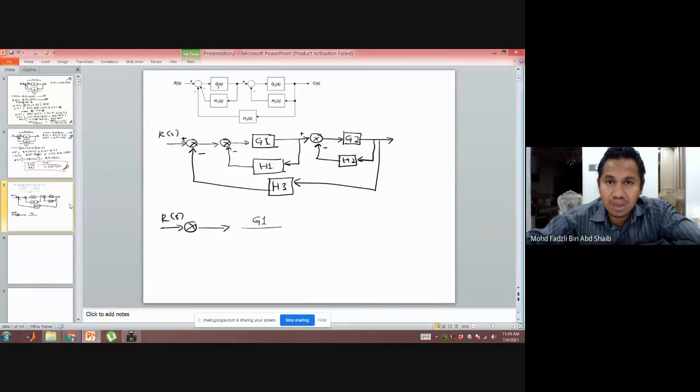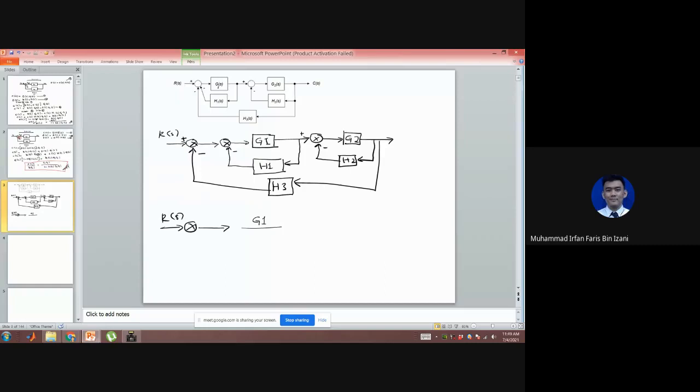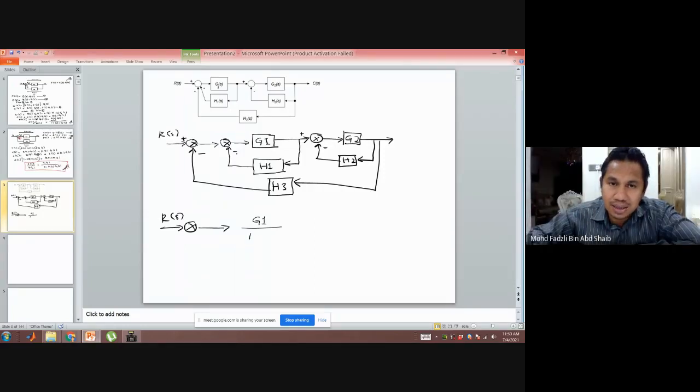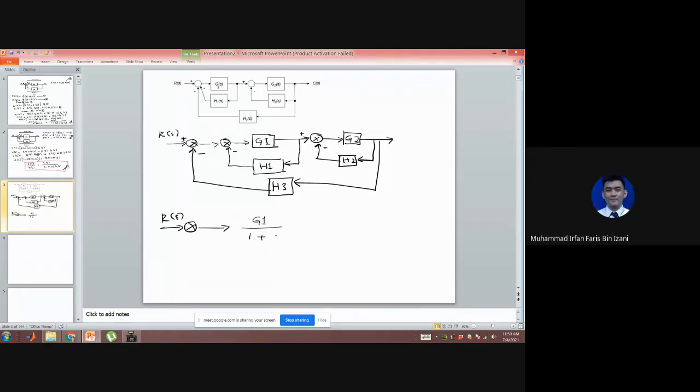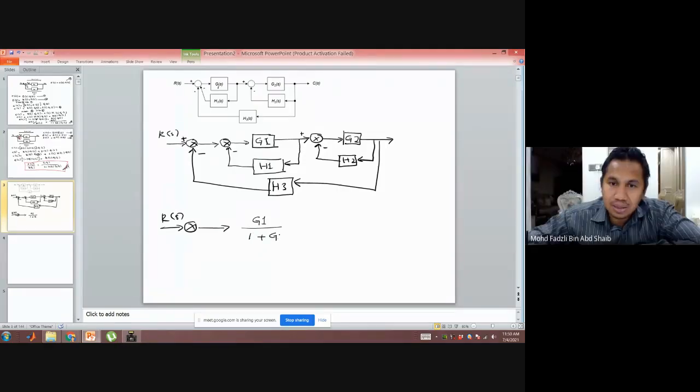How about this one? G1 over 1 minus H1. This one is negative feedback, right? So 1 plus G1 H1.